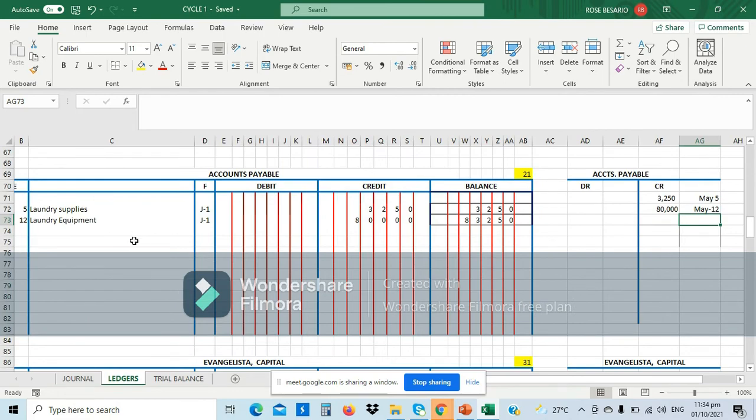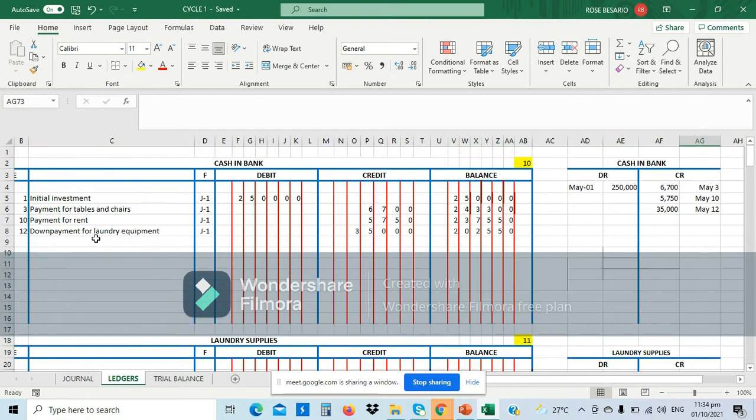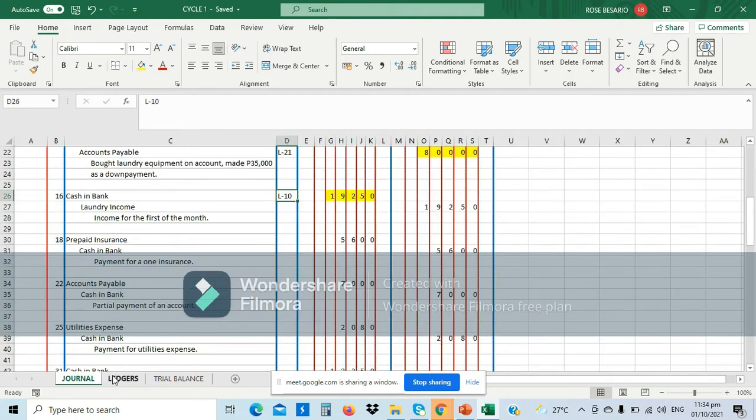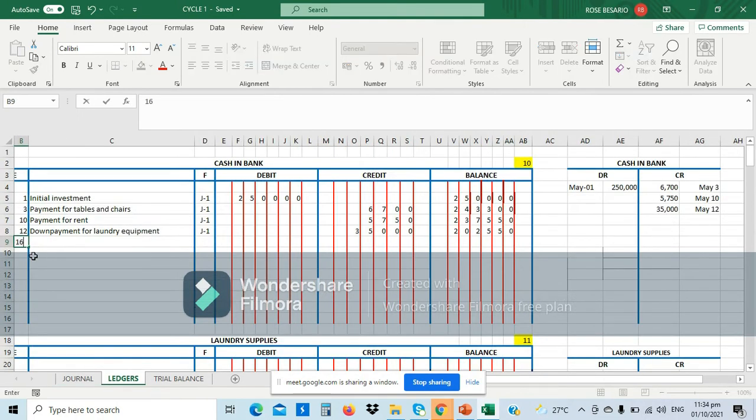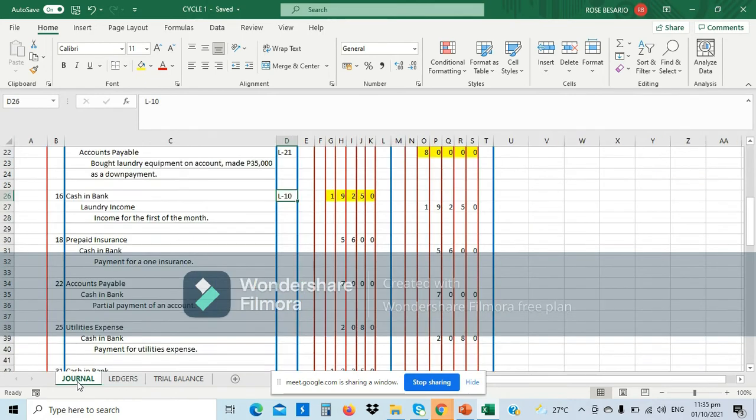So this is May 16. This is laundry income. Okay, so debit, how much is that? 19,250.